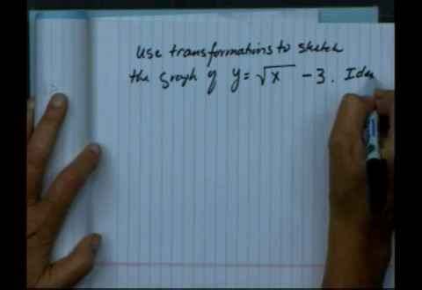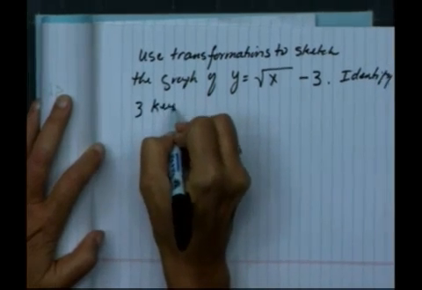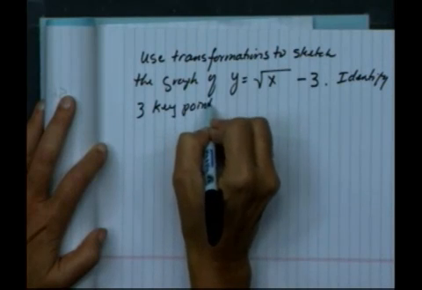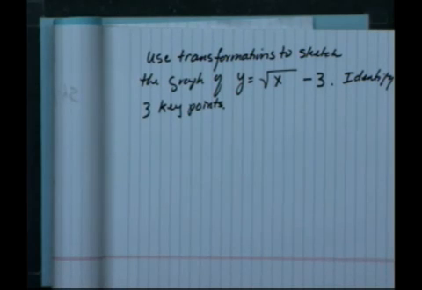Identify 3 key points. We'll do this one together just to make sure we're all here. Okay, we're going to use transformations to sketch the graph of y equals the square root of x minus 3.